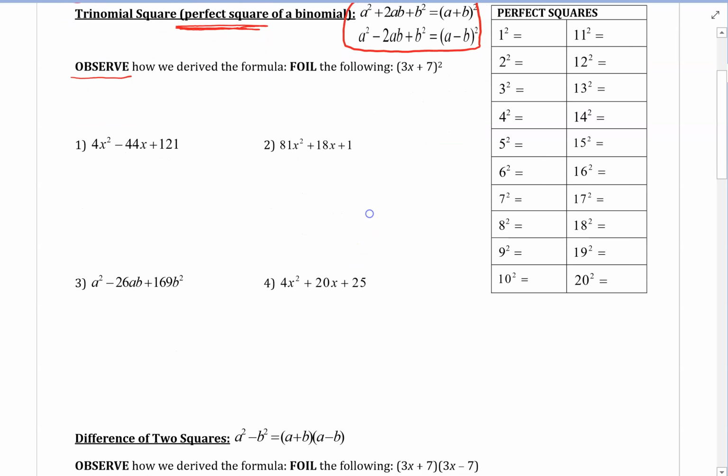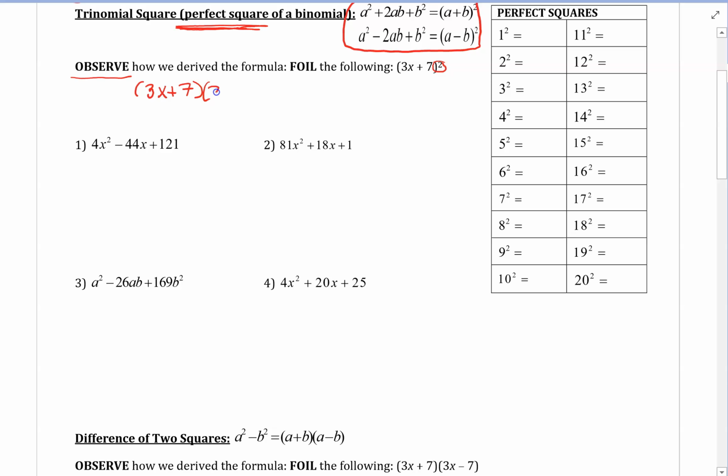It came from recognizing what happens when you take a binomial, like for example 3x plus 7, and square it. What happens when you square a binomial, which would be considered a perfect square binomial? So let's take 3x plus 7 and FOIL it to itself.